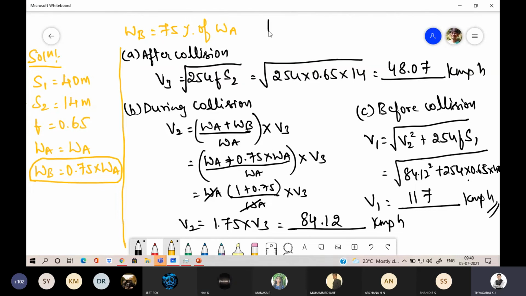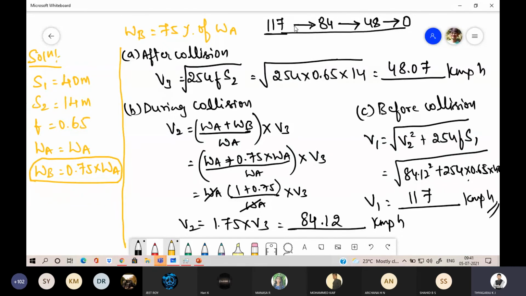So you can observe here, initially the speed of the vehicle is 117.